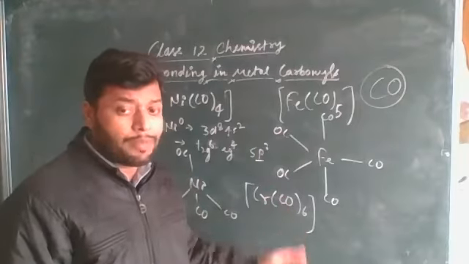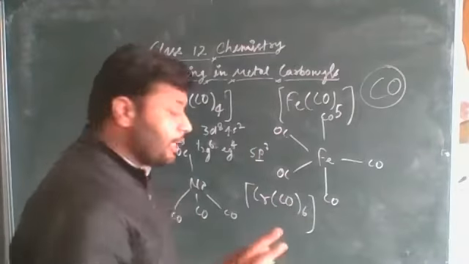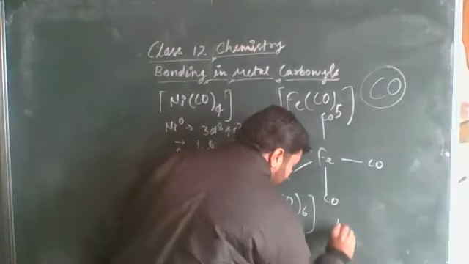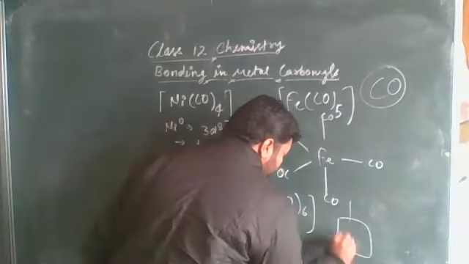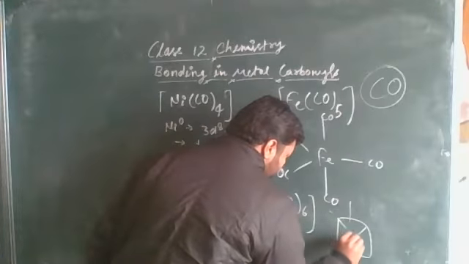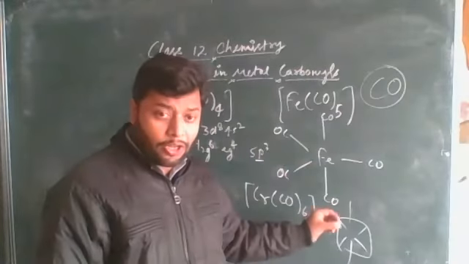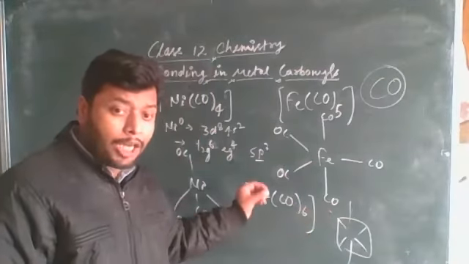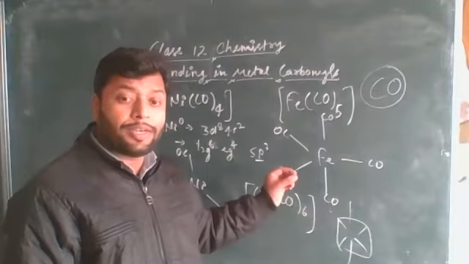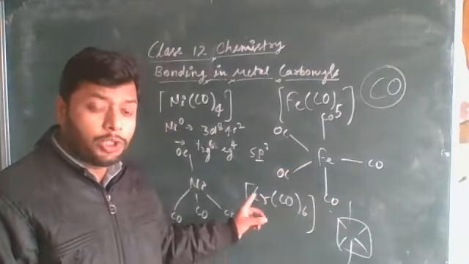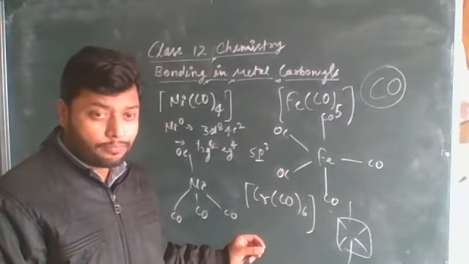So this geometry also will be octahedral, and you know the structure of the octahedral possibility. All 6 positions will be occupied by carbon monoxide, which will coordinate a pair of electrons to the chromium.